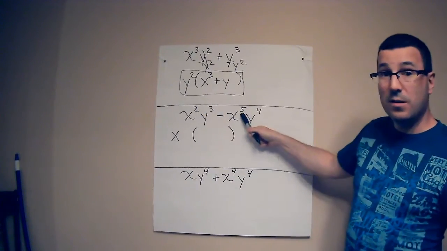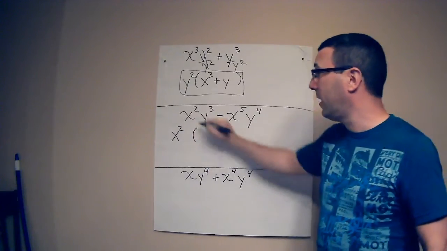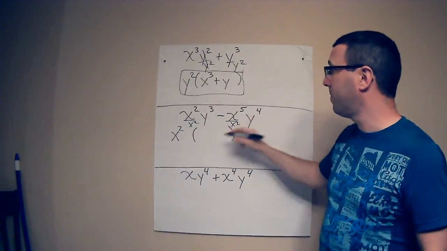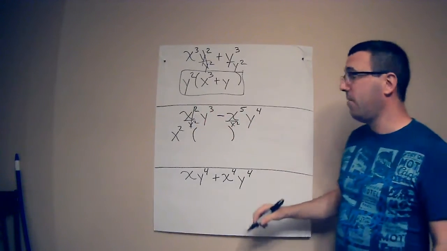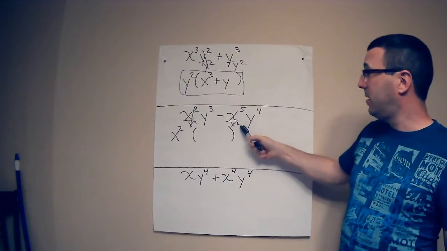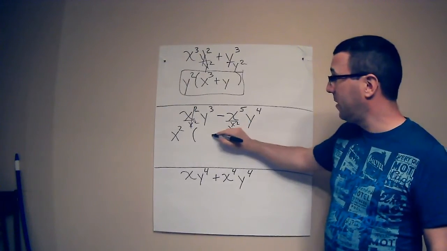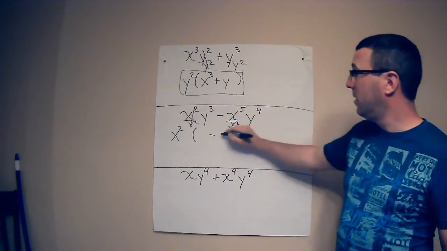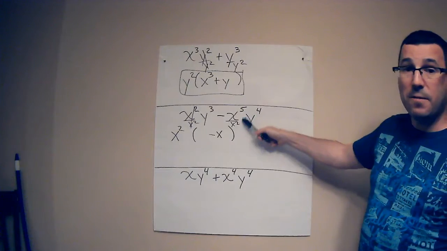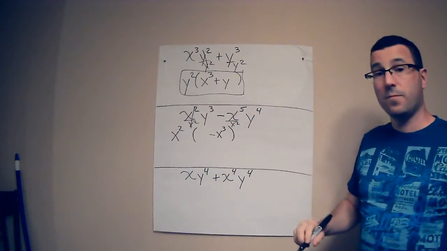That's a 2, that's a 5. 2 is smaller, so I'm definitely factoring out the x squared. Divide both of them by x squared. That's going to cancel out. My second term, x to the fifth divided by x to the second, it's definitely going to be a minus x. 5 minus 2 gives me x to the third.